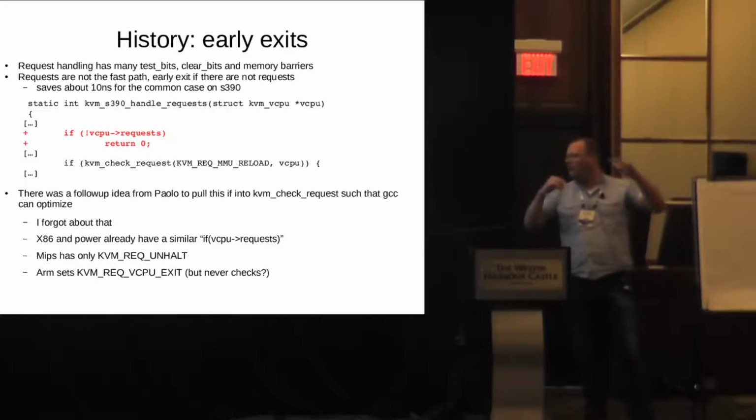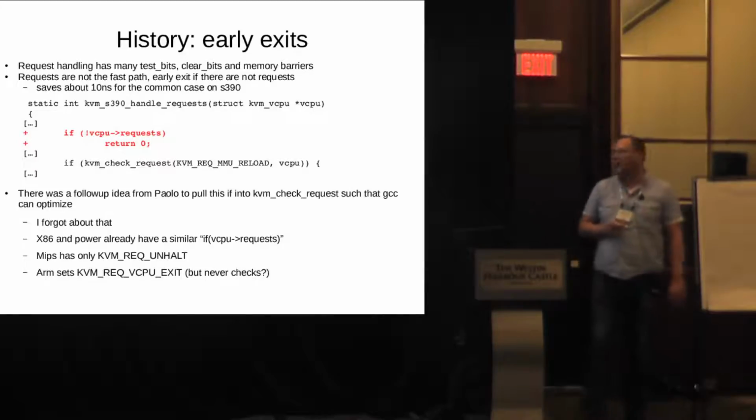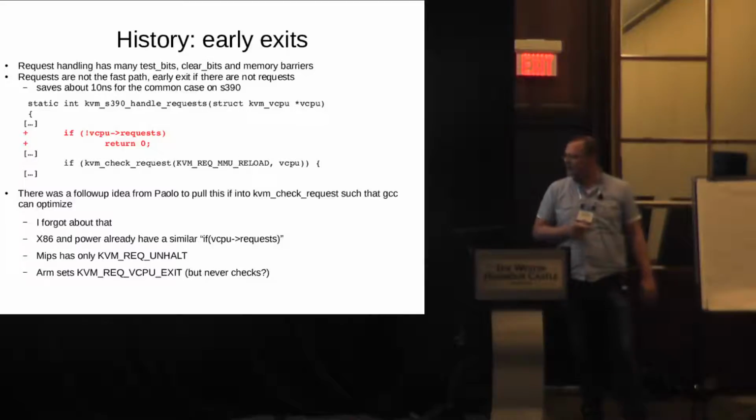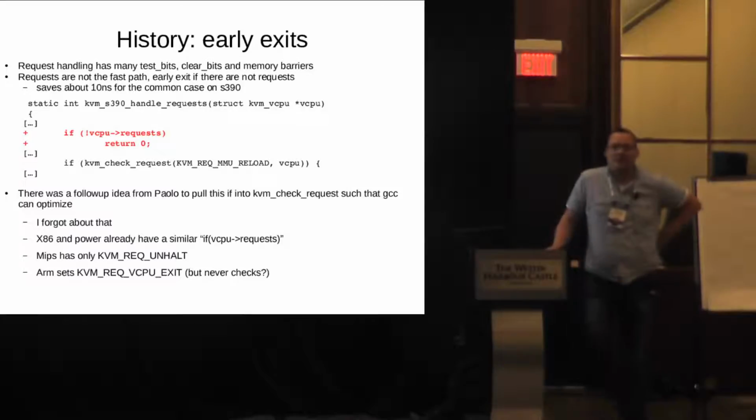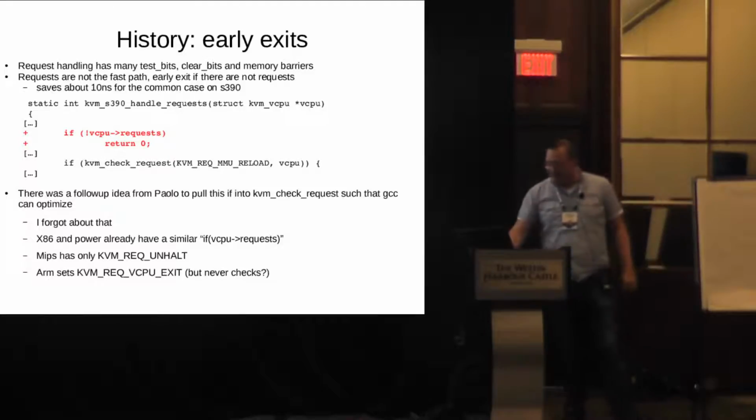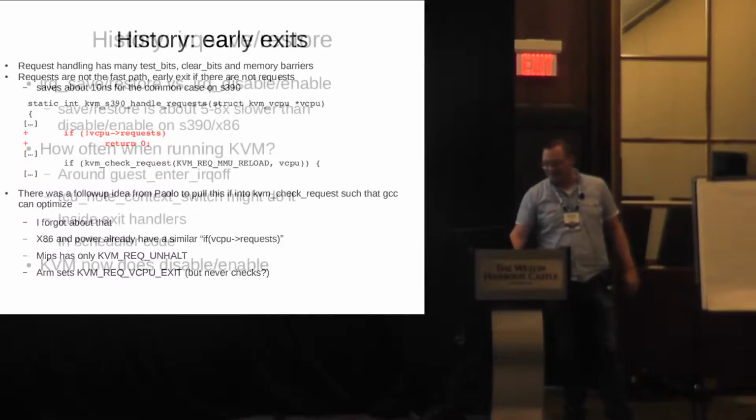They actually do the same kind of request early exit. And I checked MIPS. They only have one request bit, which is probably not worth the effort there. And ARM sets 1 bit, but I have not found the code that actually checks that. So when I find out, I can certainly do the common code patch anyway.